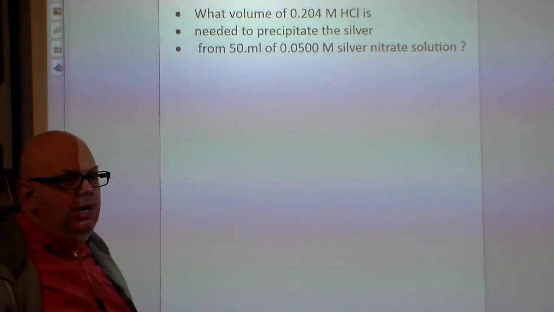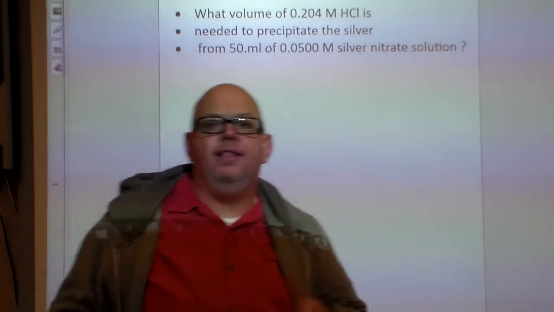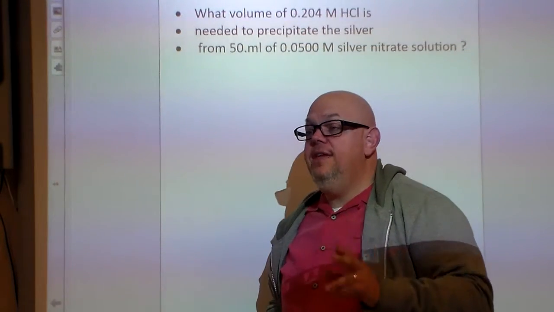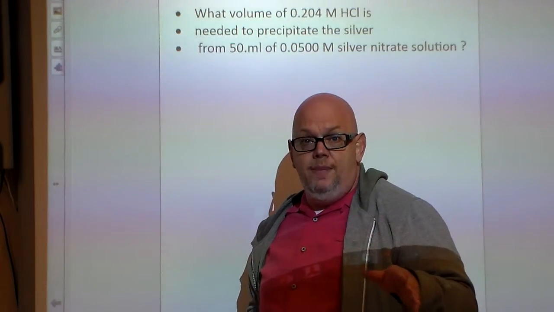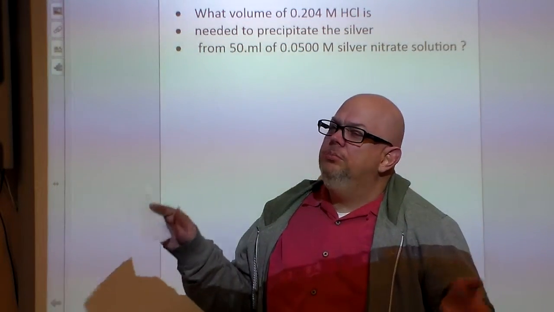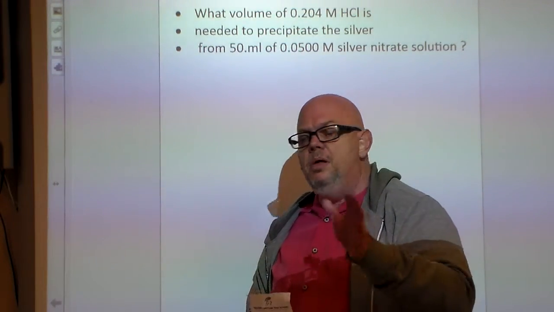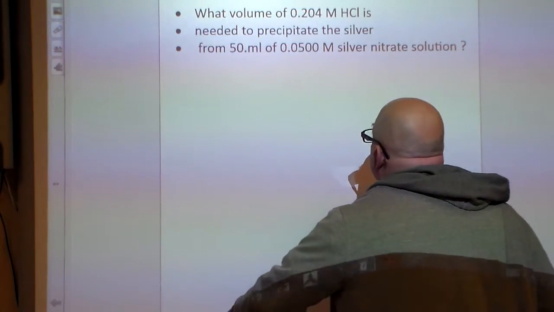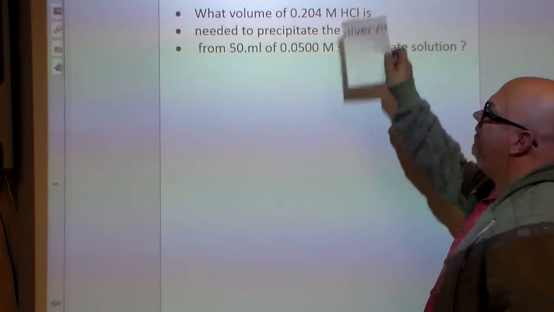Well, the first thing we're going to need to do is look at the equation itself and see if it is balanced or not, because it might be a little complicated. So when we look at HCl, that's very straightforward.